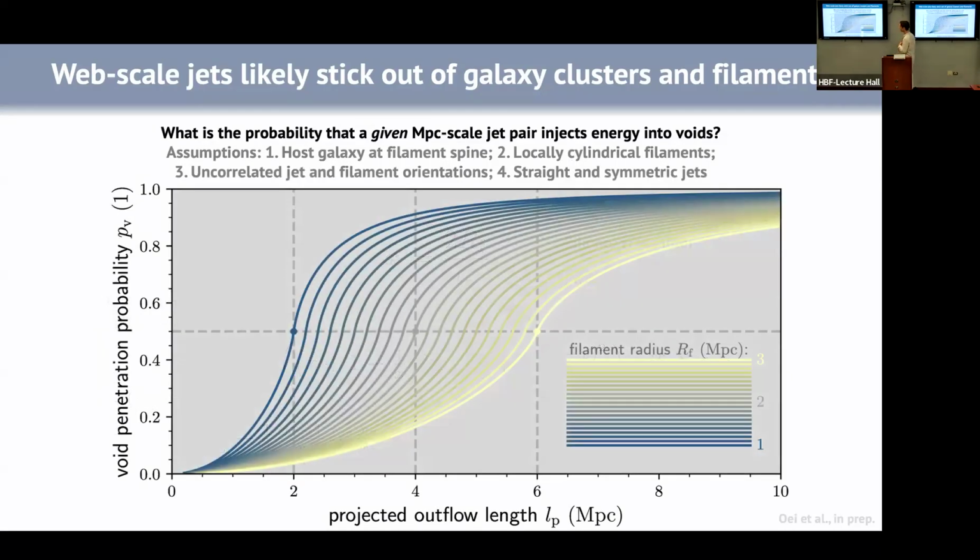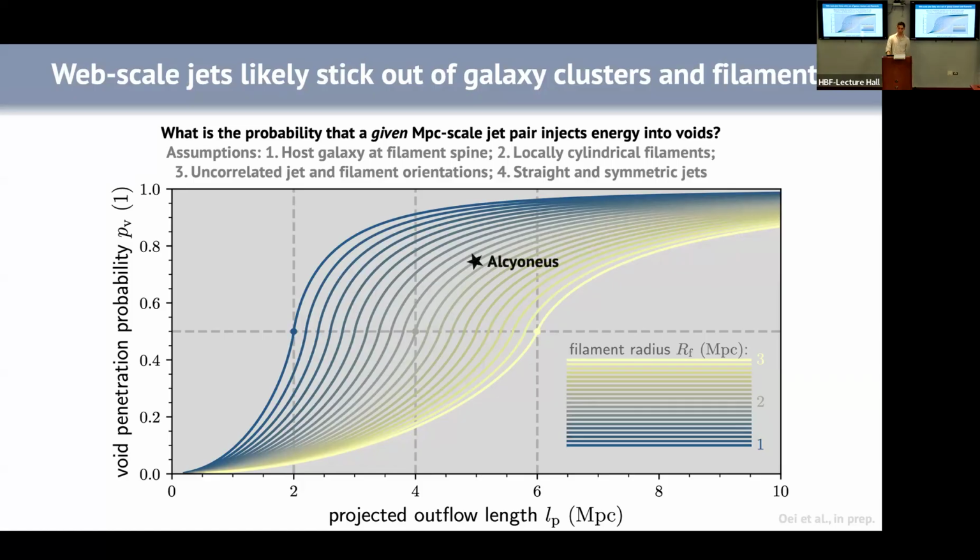And this is what it visually looks like. If you assume a typical filament radius of about 2 megaparsecs, that's when the density profile of the filament reaches the cosmic mean density. That's a natural way to say where the filament ends. And this gives us a function of the length of the outflow, the probability that the source extends into a void, if there were no correlation at all between the jet and the filament.